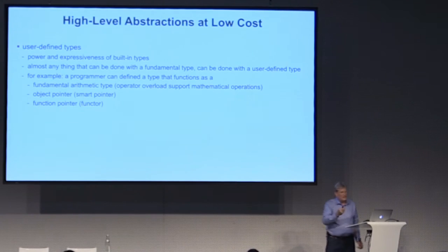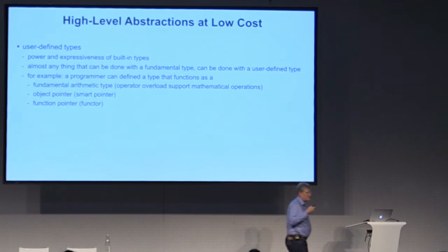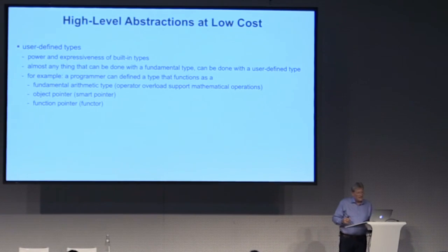And because that is our go-to, the overhead of that abstraction has to be really, really low. And as Bjarne said this morning, we just concatenate things together, right? There's no overhead to that. But in C++, because of our ability to overload operators and things like that, we can make these user-defined types have the power and expressiveness of built-in types, or very close to that.